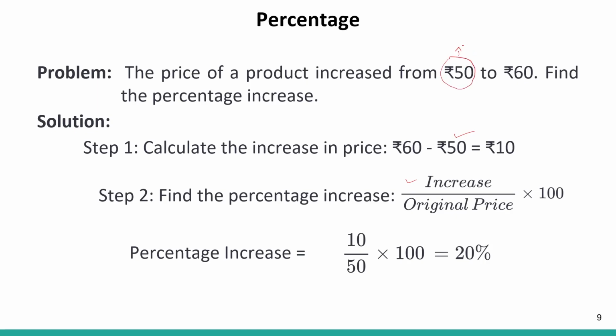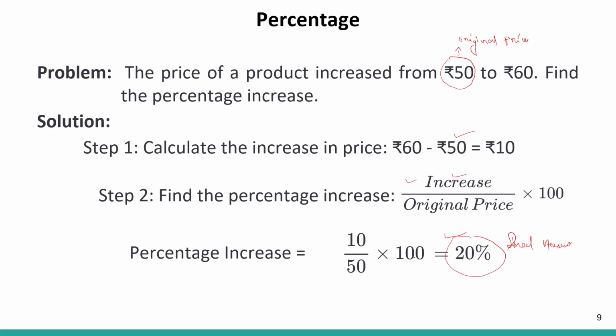So 60 minus 50 is equal to 10. The increase is 10 by the original price, that is 50. So 10 by 50 is equal to 1 by 5, into 100, is equal to 20%. So 20% will be the final answer.